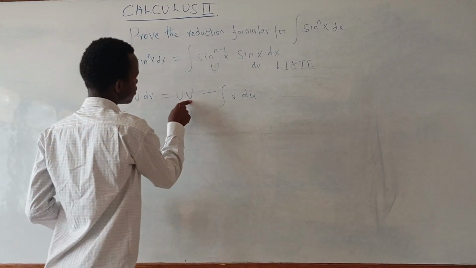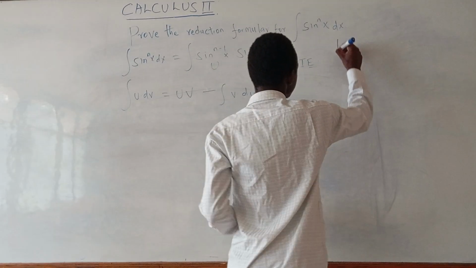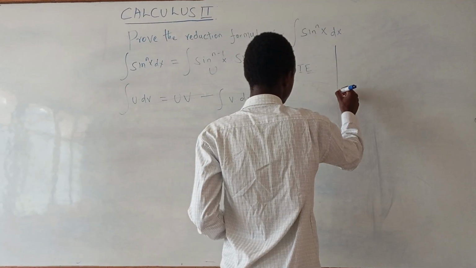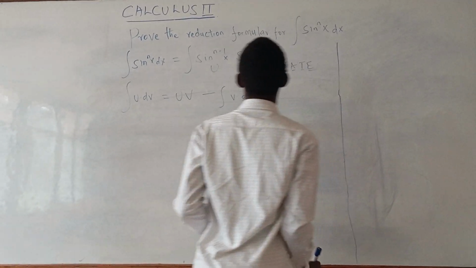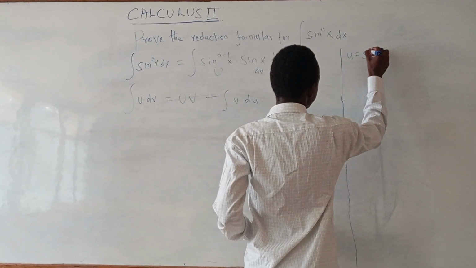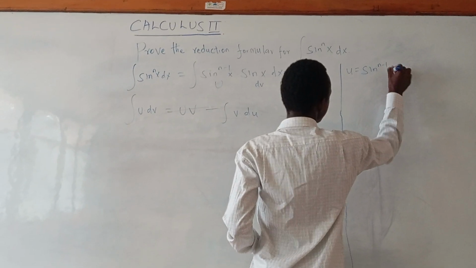So let's compute our v, and our du. From the information we have, our u equals sine to the n minus 1 of x.